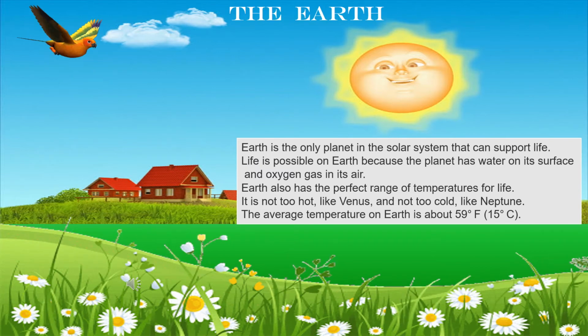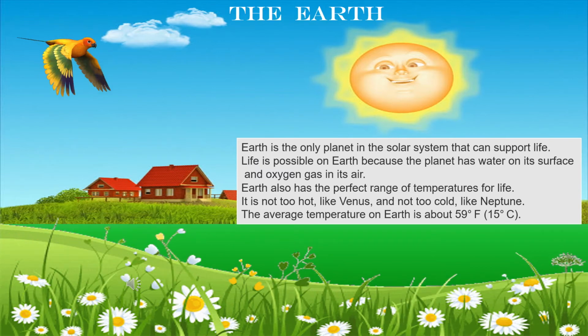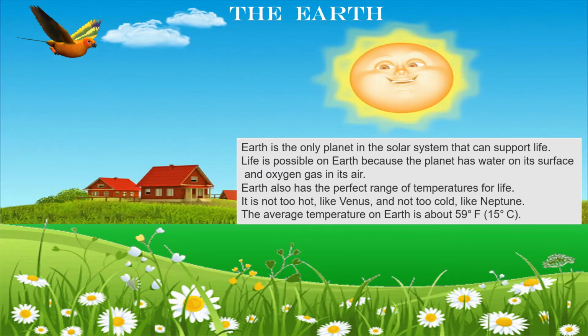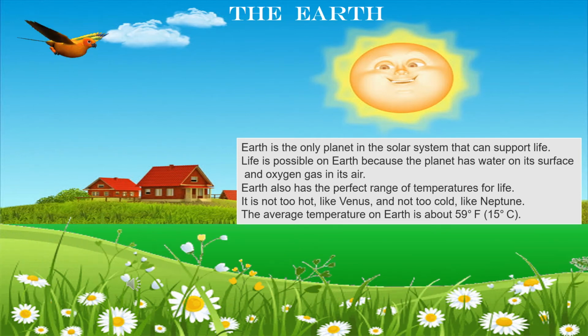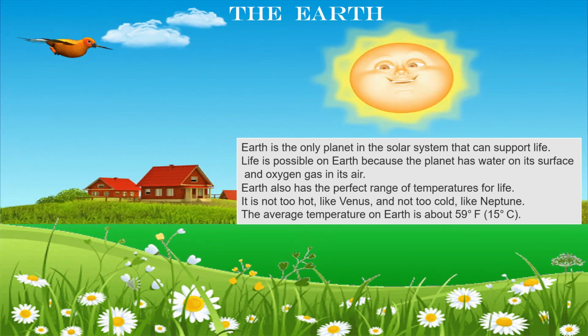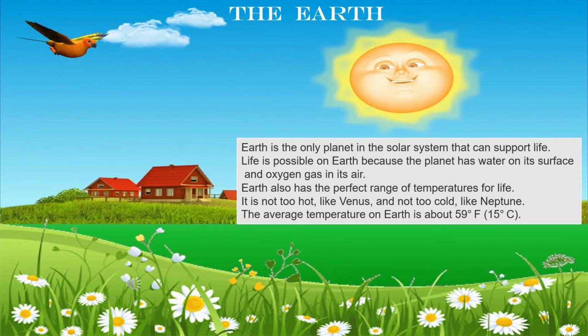As air is made up of some gases, and oxygen gas is one of those gases that is very much important for us, and without oxygen gas, without air, we cannot even breathe.